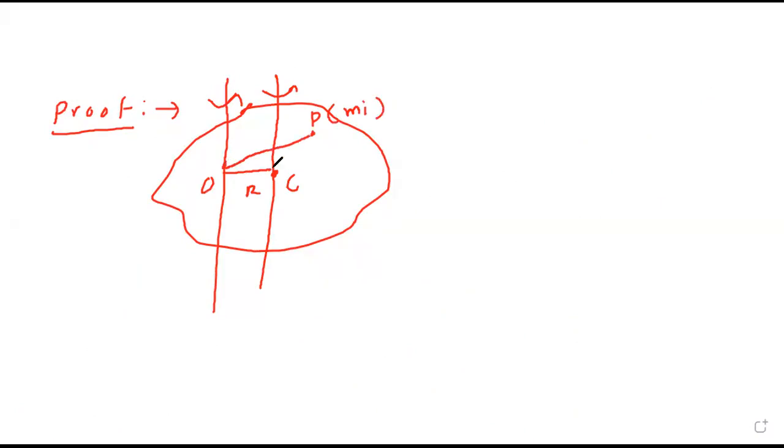Draw OP, draw PC, draw PD perpendicular to OC extended up to D. Please complete this much again. Rigid body rotating about O, parallel axis passing through C. P is a particle of mass Mi, join OP, join PC. Then PD is perpendicular to OC, extended up to D.